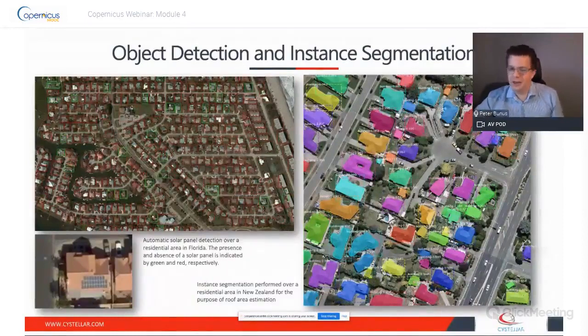Another classifier can go even deeper and classify the materials on those roof shapes. If we do that at the level of the state of Florida, you can imagine that this is very valuable information for any insurer, to know what types of roofs and buildings there are, and how those buildings are constructed across their portfolio over a very large area.